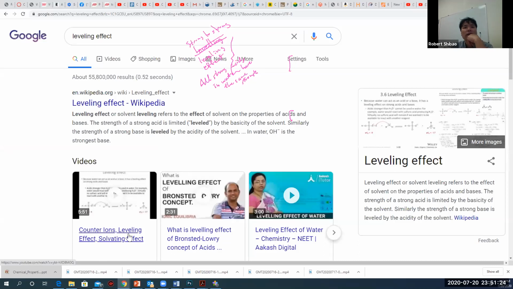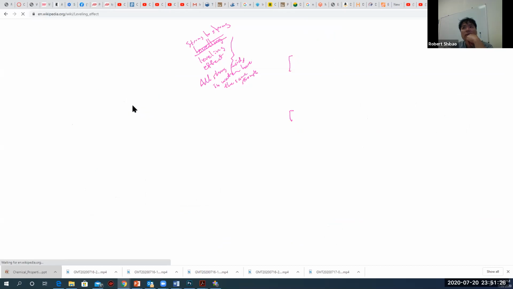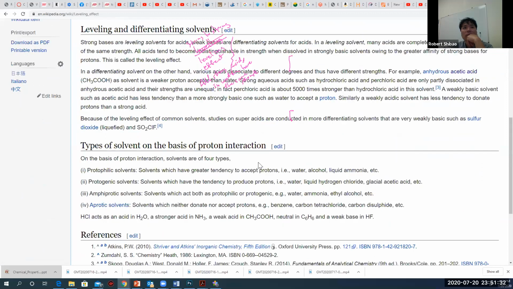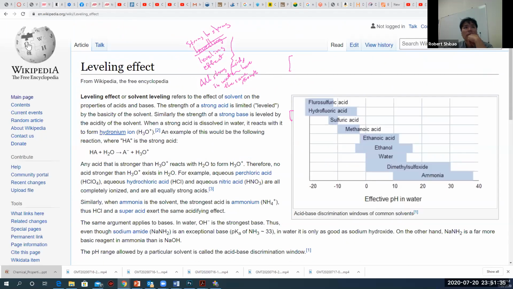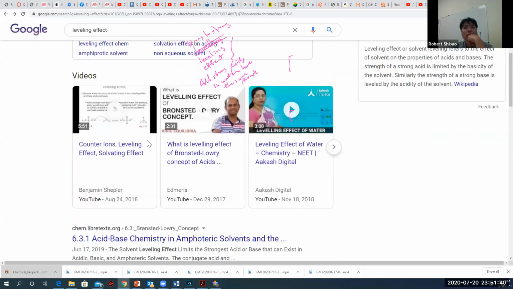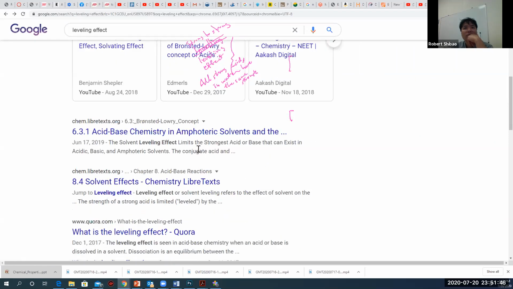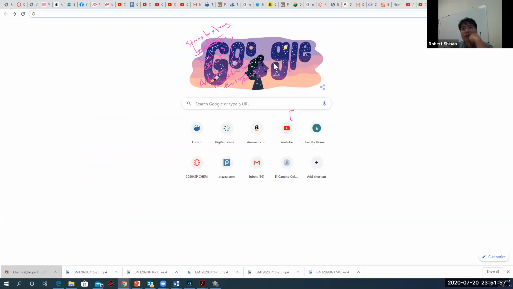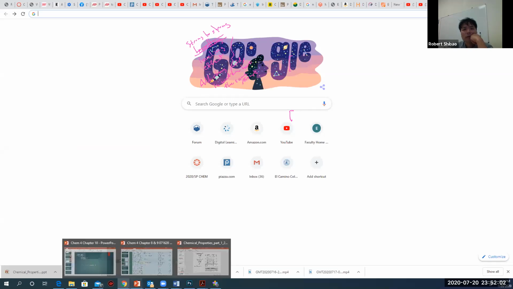Leveling is spelled with two L's. So what is a leveling effect? There are lots of sources. It's not in the book, but it's important to know for driving forces, so that's why we're covering it now.